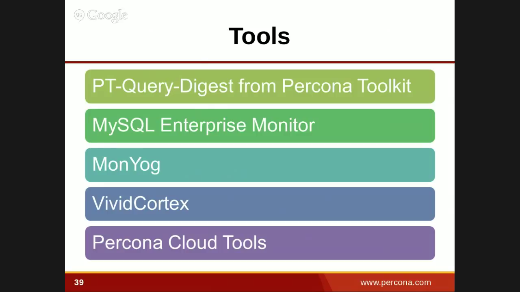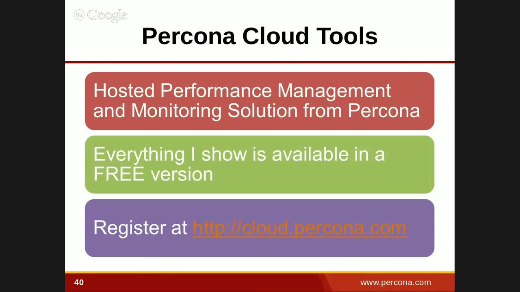There are a number of tools out there, like pt-query-digest from the Percona Toolkit, which is an open source command line tool you can use. You can use MySQL Enterprise Monitor, Vivid Cortex, Percona Cloud Tools. These are not open source. Some of them, like Percona Cloud Tools, are free. Others you will have to pay for.